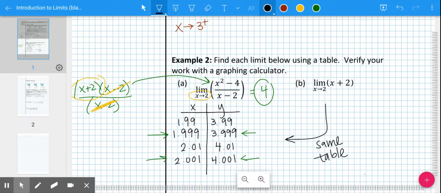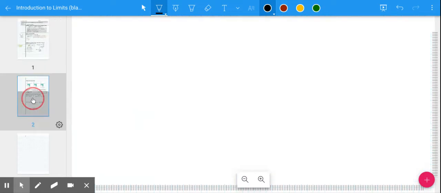So since this part B is a simplified version of what we have from part A, we are going to have the same table, which means we are going to have the same limit. Why is that important? Well, we're going to see later on that an algebraic technique is just simplify every time. And if you can do that, then that will help you evaluate this thing. Okay, so these are the examples of looking at finding limits with tables.